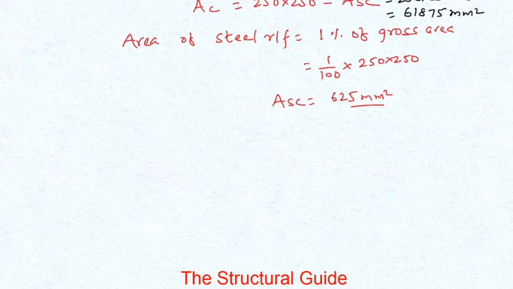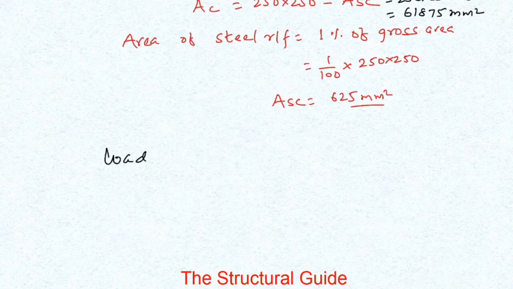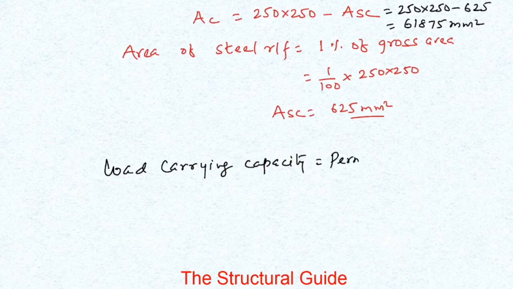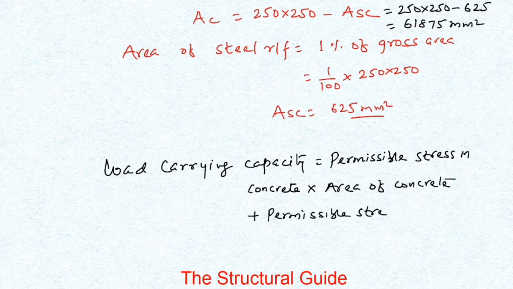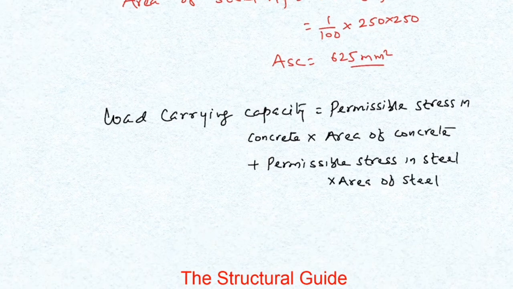So I can write the load carrying capacity is equal to the permissible stress in concrete into the area of concrete, right, plus the permissible stress in steel into the area of steel.